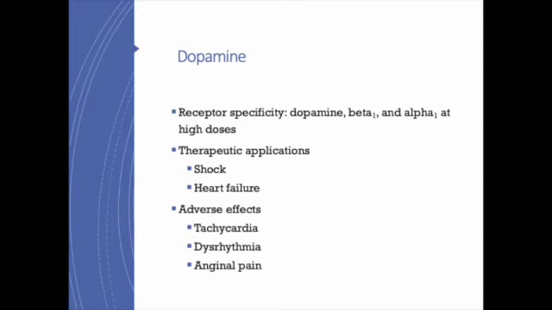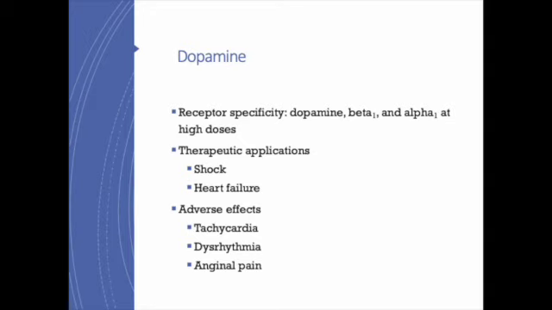When you administer in low therapeutic doses, we're only going to activate the dopamine receptor and only the dopamine receptor. In moderate doses, you get the beta 1 receptor. And then in very high doses, it's going to activate the alpha 1 receptor as well as the beta 1 and the dopamine receptors. So the higher the dose, the more it loses its selectivity, and it will be selective for all three.